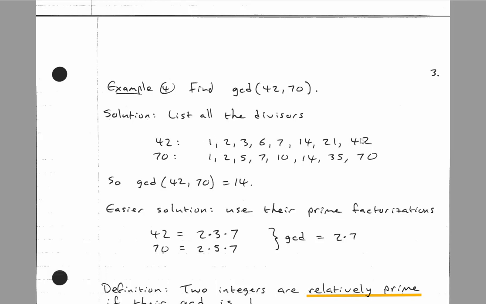These are all the factors of 42, all the factors of 70. Okay, so we see 1 is a common factor, 2 is a common factor, 7 is a common factor, but the greatest common factor is 14.